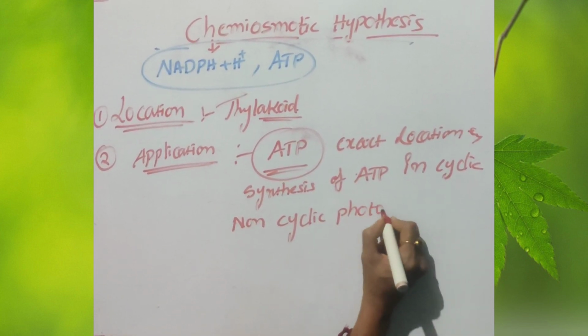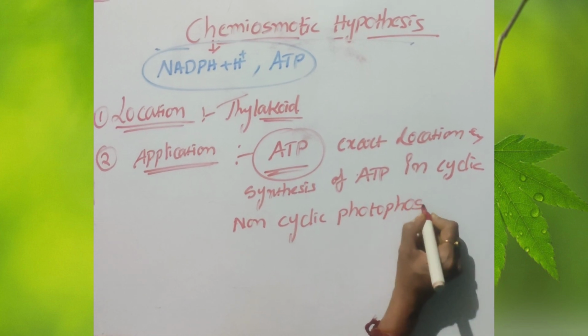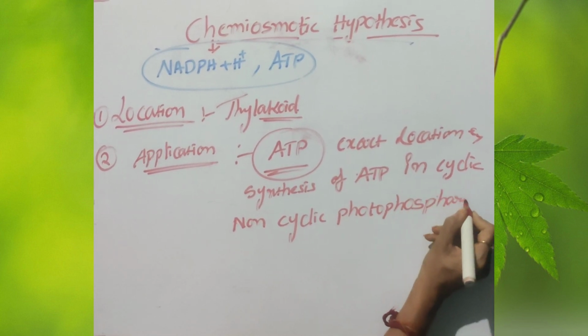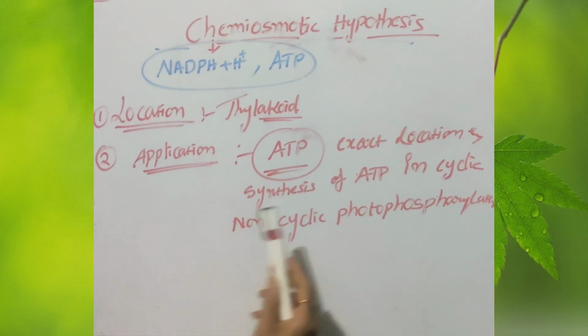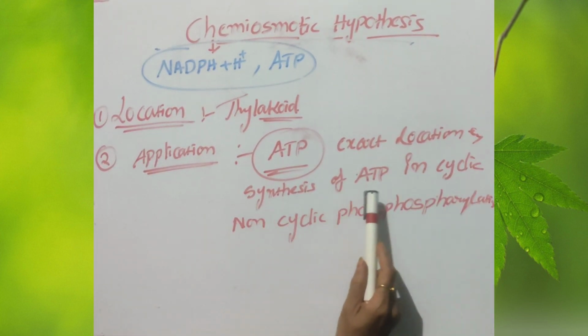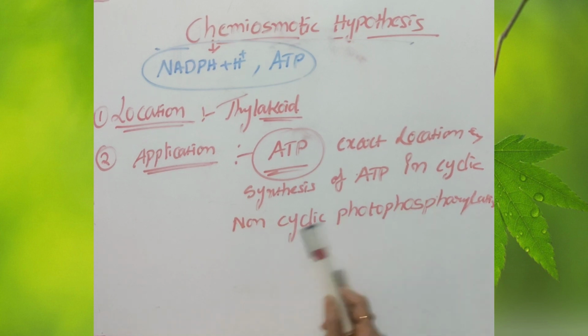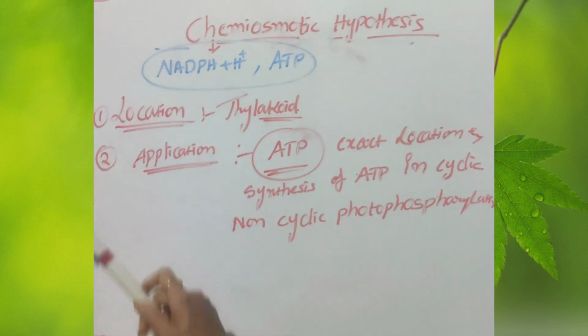This is a very important application of the chemi-osmotic hypothesis. The exact location and synthesis of ATP in non-cyclic and cyclic photophosphorylation is explained by the chemi-osmotic hypothesis. This is the location, this is the application.